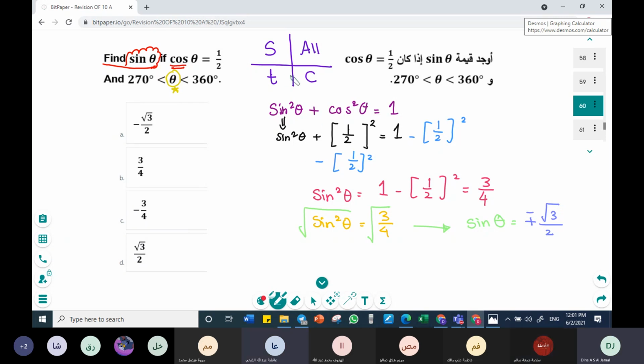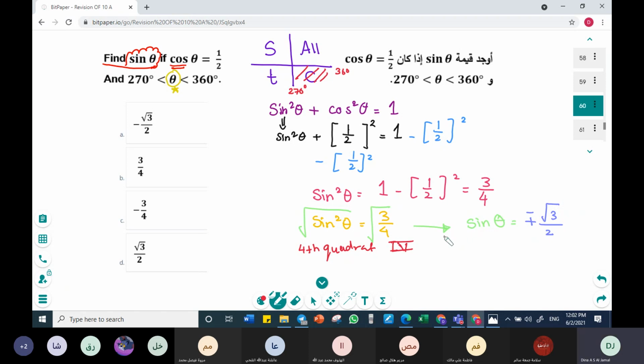Fourth. So, 270 degrees to 360 degrees. That means we are given the fourth quadrant, whether we write it like this, or you can just write it in the Greek way.